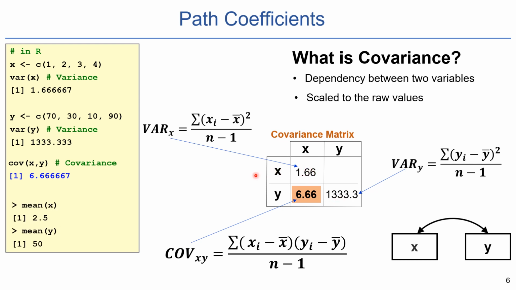If we check the means, we can see that the mean of y is much higher than the mean of x, and that's why the variance of y is much higher than the variance of x. So in order to understand the degree of dependency between these two variables, we need to put x and y on a common scale.